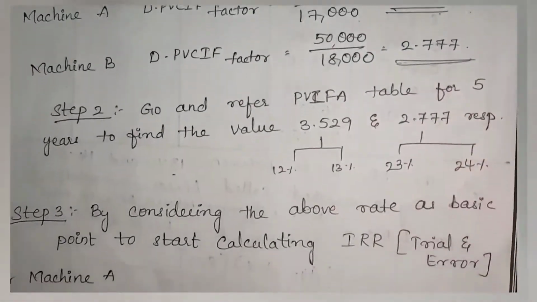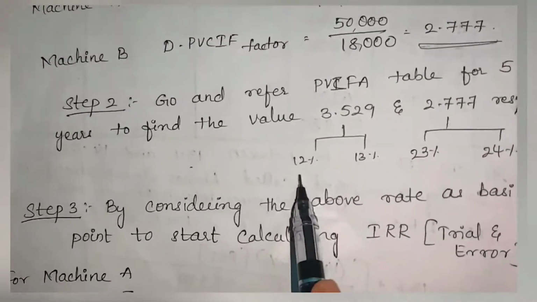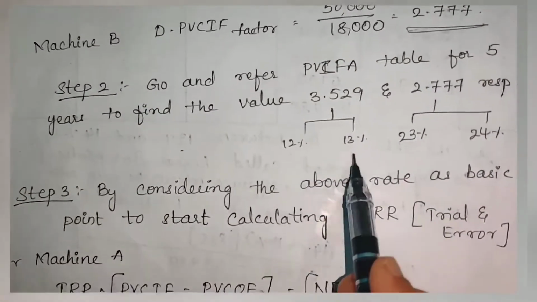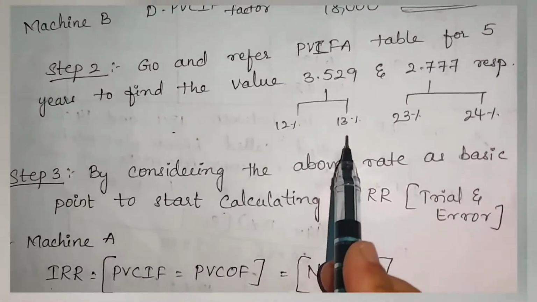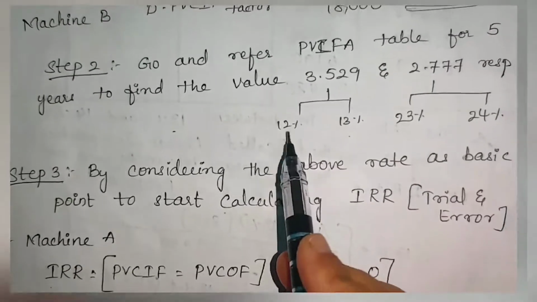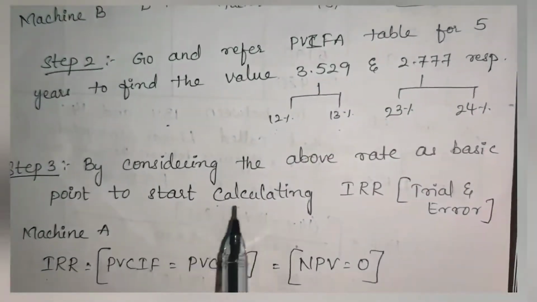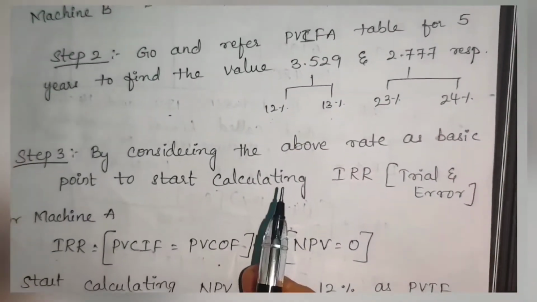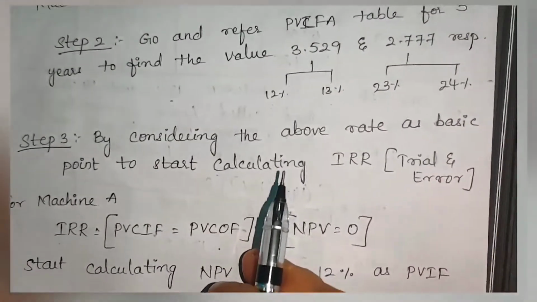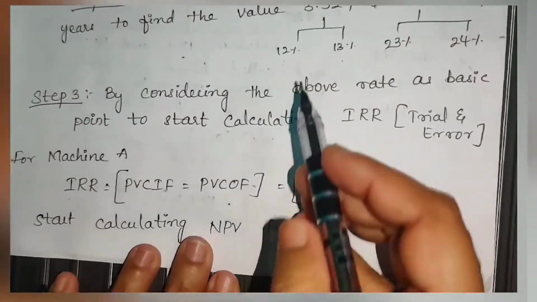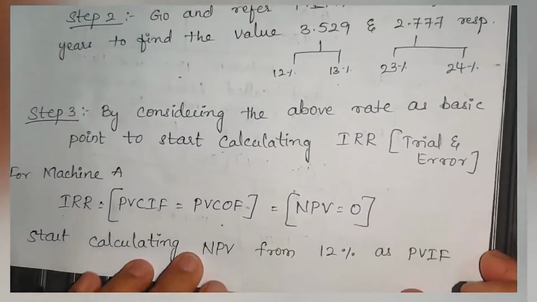By considering it, I got it in between 12% and 13%. So this will tell me from where to start my NPV trial and error calculation. So I have started it.